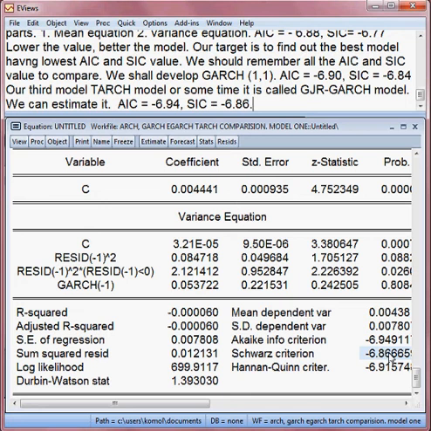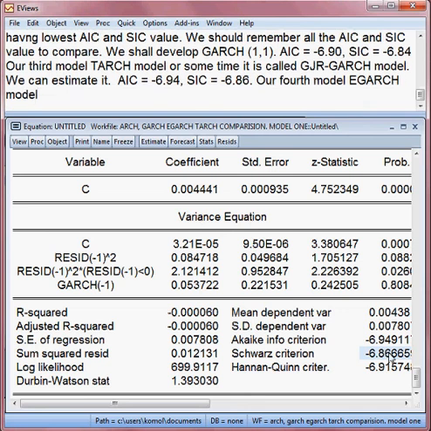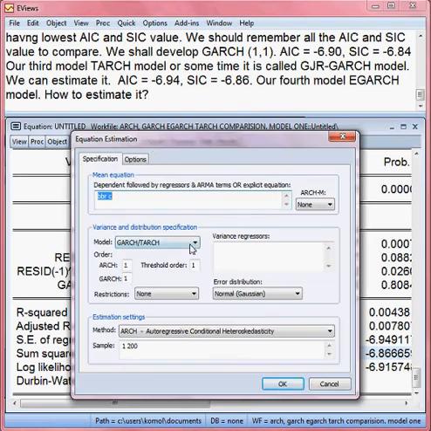Okay. Then our fourth model is the EGARCH model. That is our last model. How to estimate it? I go here, I click estimate. Then from here I choose EGARCH.